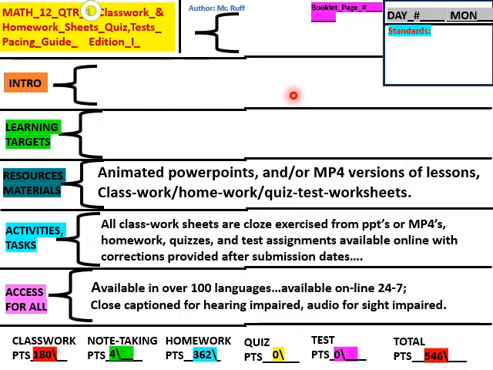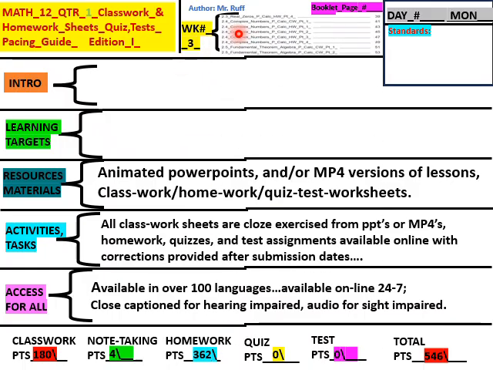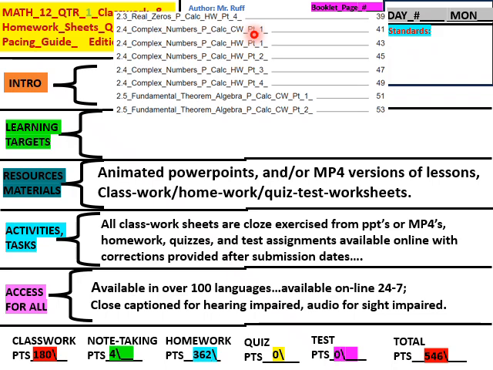Let's go right into our Week 3 Math 12 Quarter 1 lessons, which are 2.3 Real Zeros, homework part 4. We start there, finish up at 2.3, and then 2.4 we go into complex numbers, classwork part 1 only.